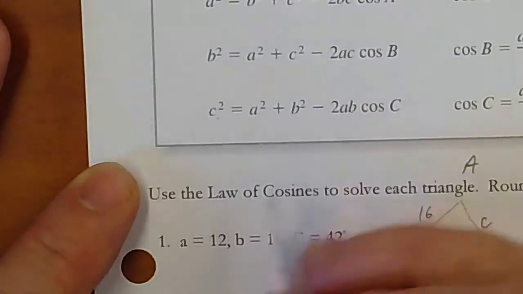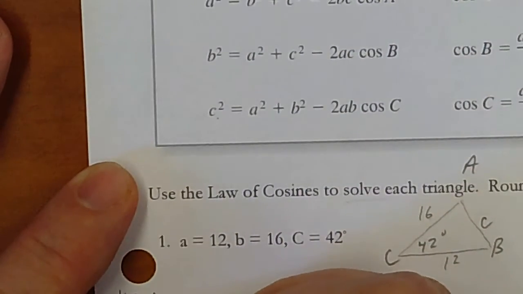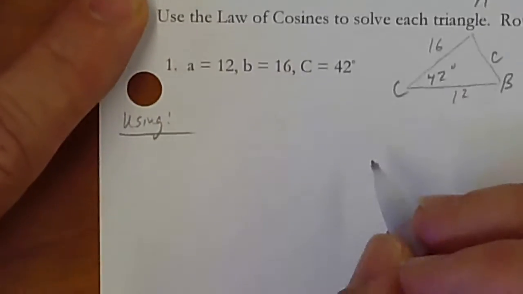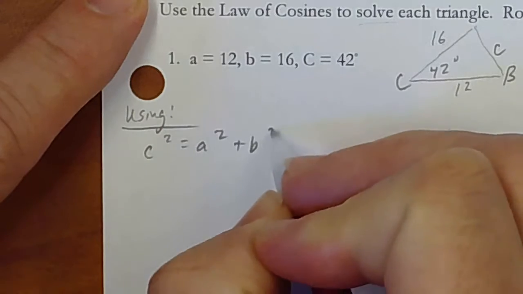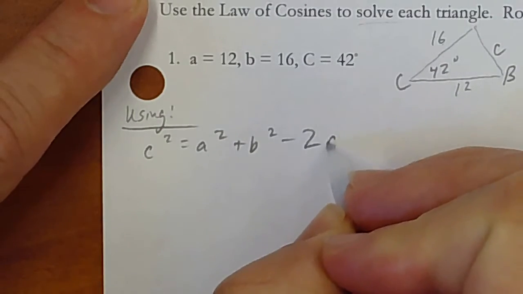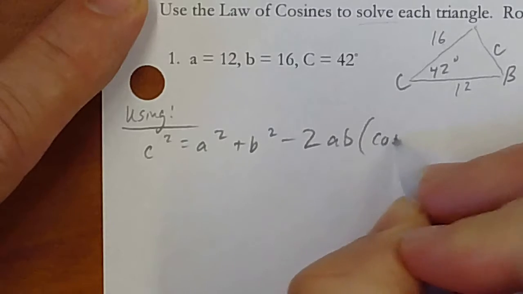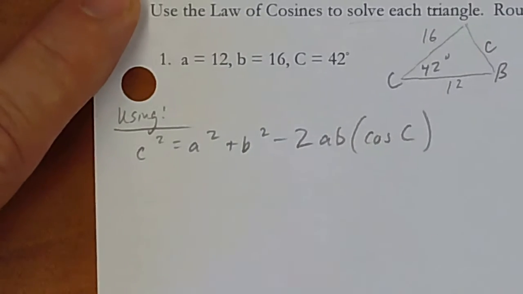You'll have all of these in front of you when you take your next quiz. We're using c squared equals a squared plus b squared minus 2ab times cosine of angle C. This is what we're going to use.